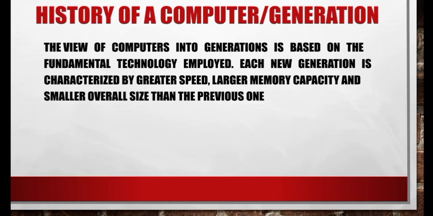The second generation had higher speed and larger memory compared to the first generation. Till today, there has been improvement each and every year, each and every day, each and every hour.